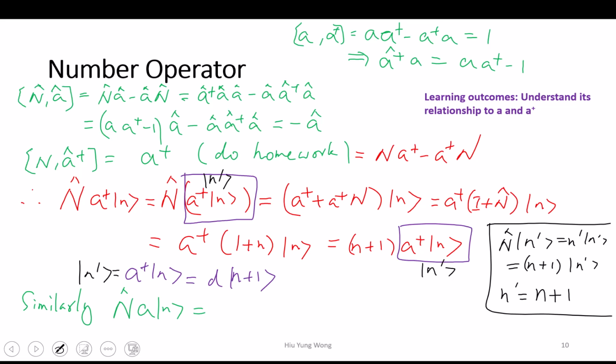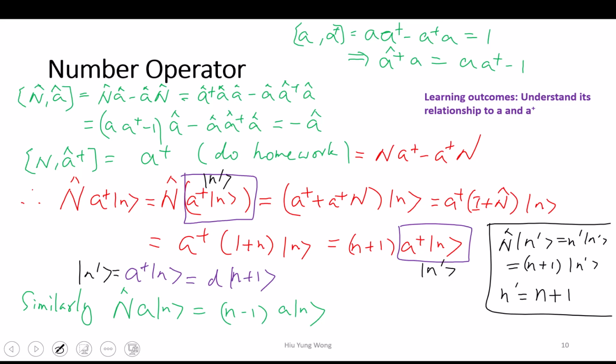Say again? Yes, negative. But I start with n, right? So what do you get? N minus 1, right? Because this is n becomes n plus 1, and now you have the annihilation operator. You expect to get something like this.